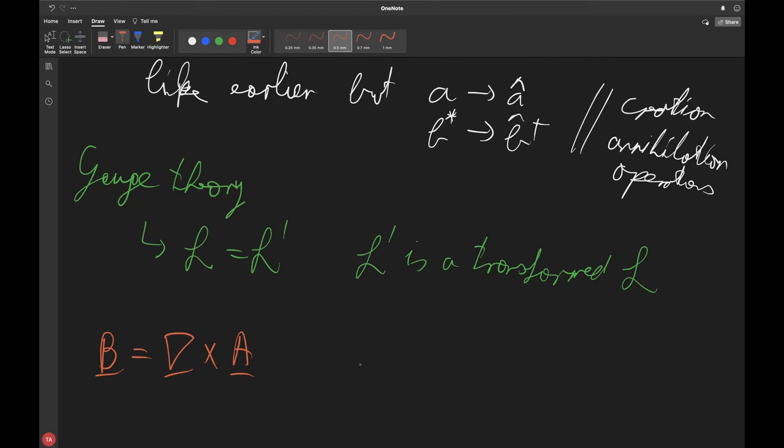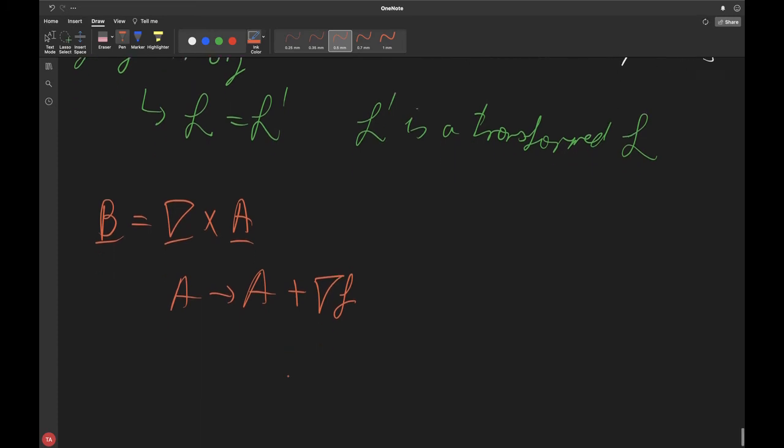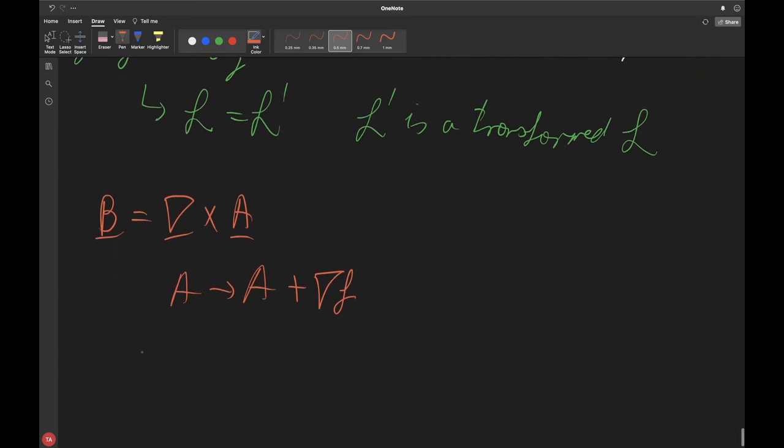However, if I change A to A plus the gradient of some function F, then the curl of A is going to be the same as the curl of A plus the gradient of F.